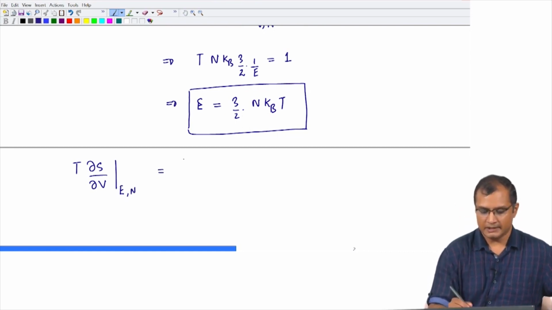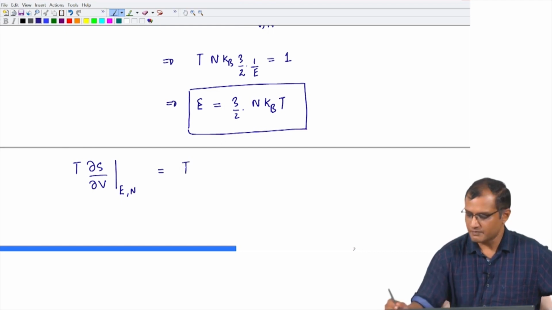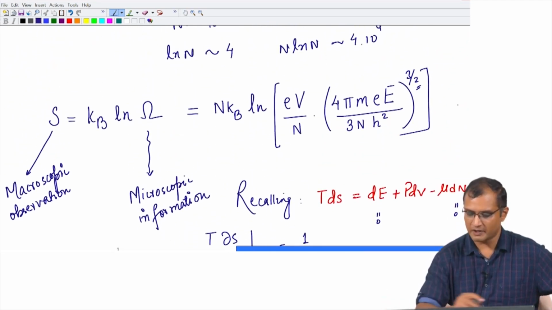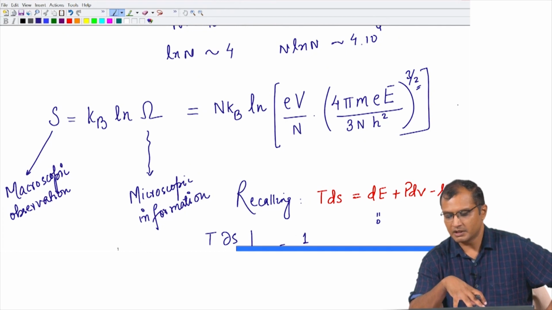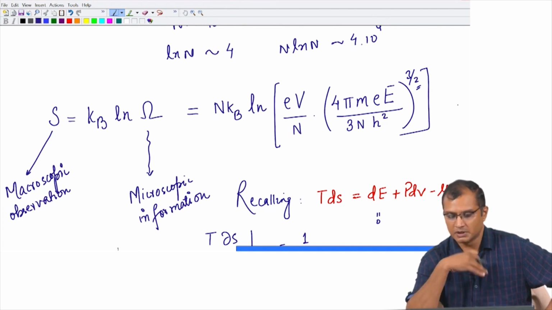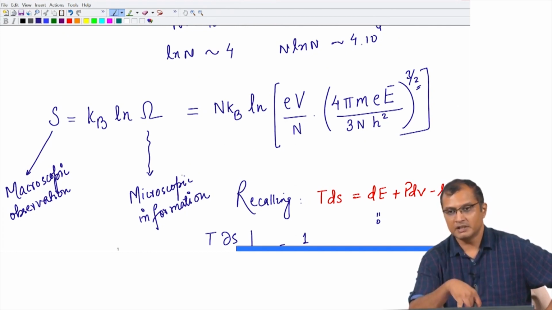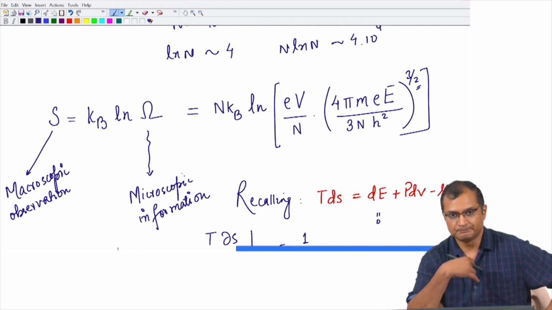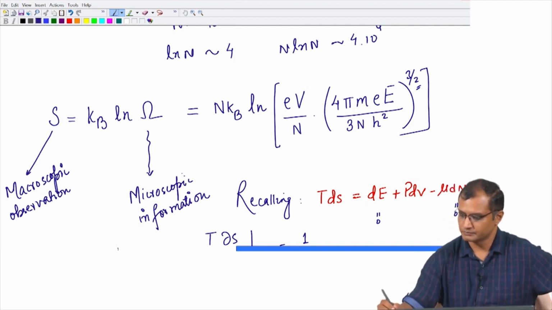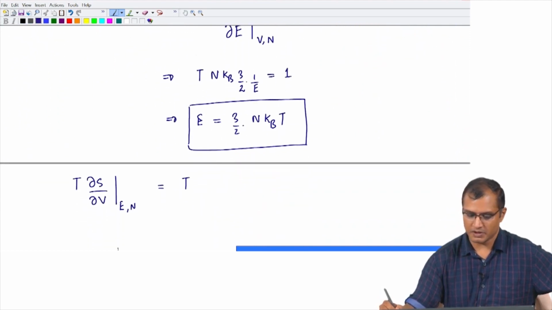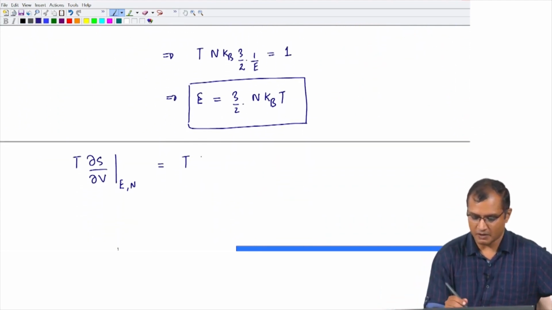And that will simply give you T times, if you look at the expression of entropy, taking the derivative with respect to volume is simply giving you N kB over V, because everything else is a constant and does not depend on the volume.